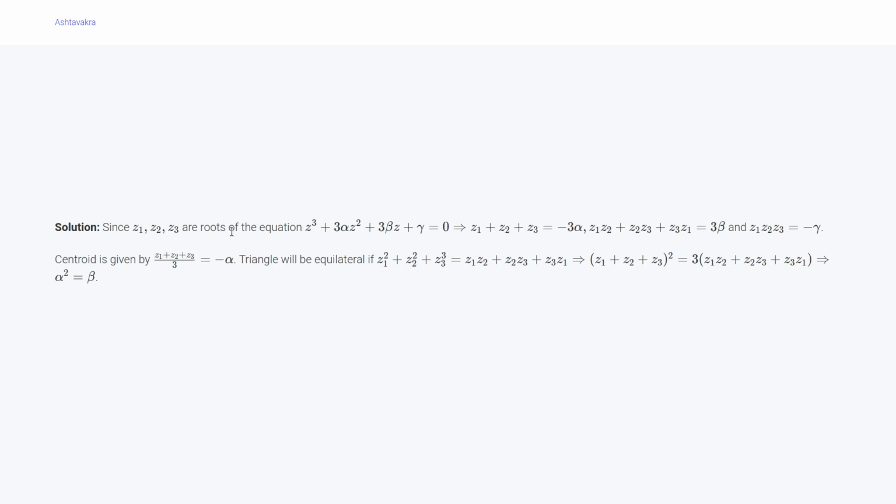Since the equation is given in this form, we can write that Z1 plus Z2 plus Z3 is equal to minus 3 alpha, Z1 Z2 plus Z2 Z3 plus Z3 Z1 will be 3 beta, and Z1 Z2 Z3 is equal to minus gamma. The centroid will be given by (Z1 plus Z2 plus Z3) by 3 is equal to minus alpha.